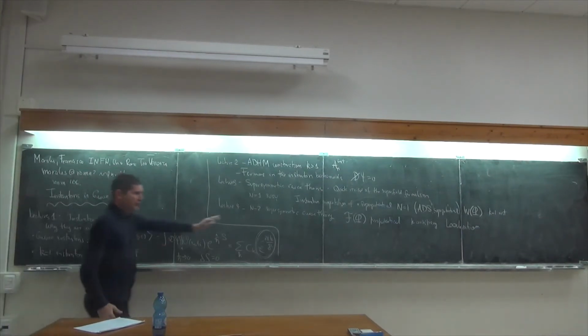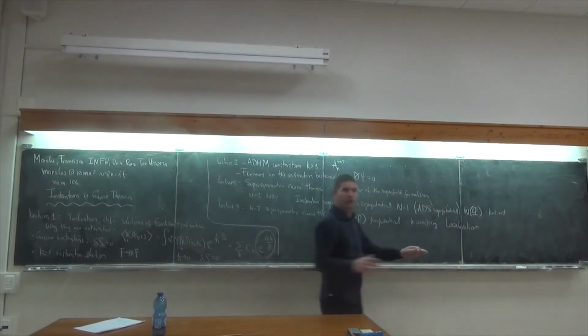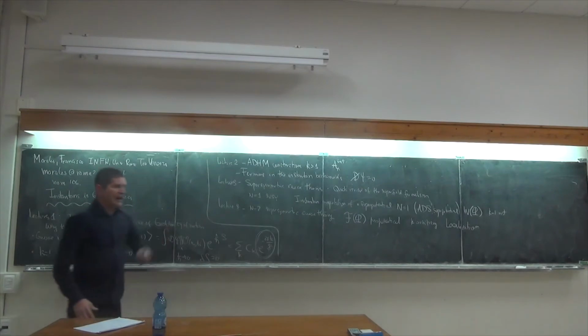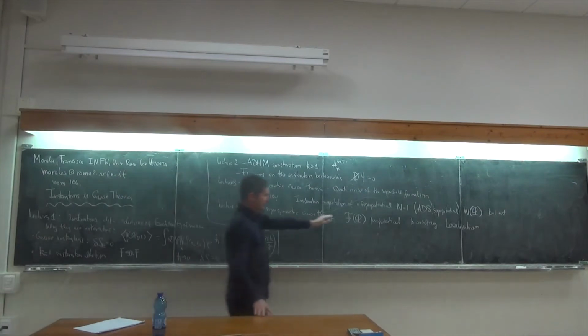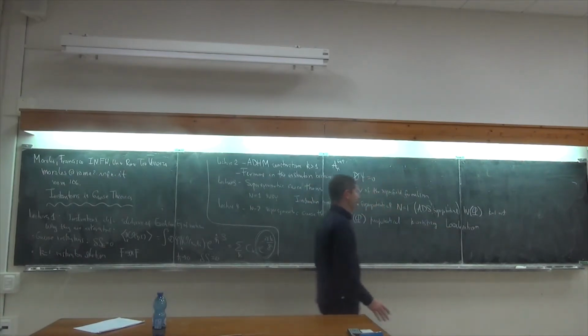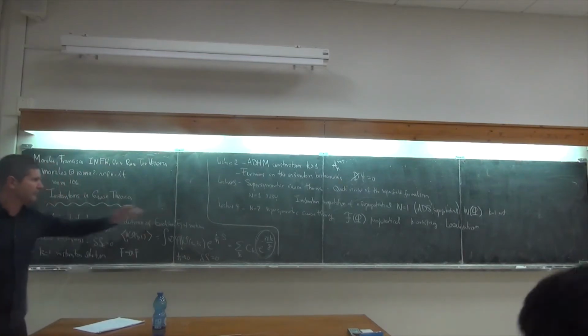This situation changed a few years ago, thanks to localization, and now it's used almost everywhere. With this technique, you can compute any number of instantons. It's a very simple idea.